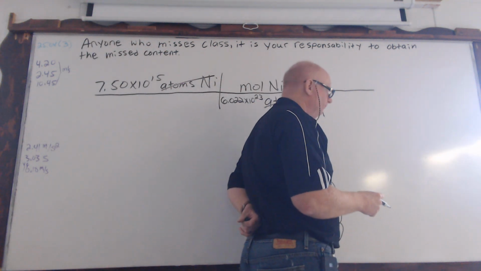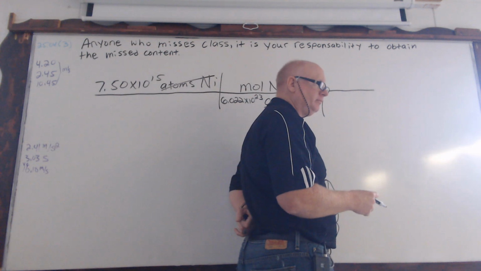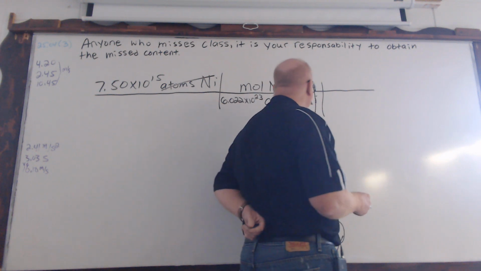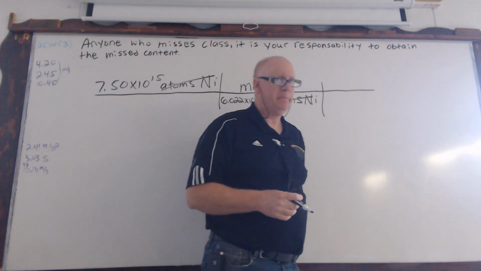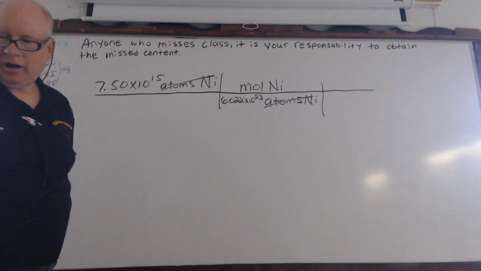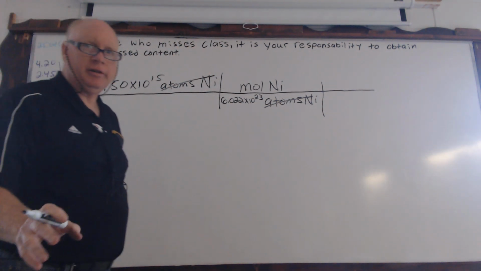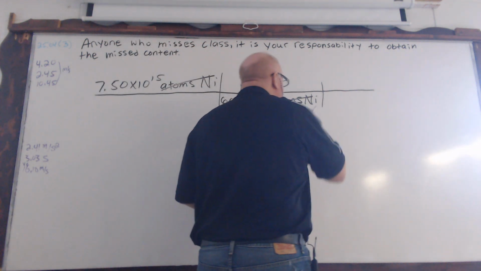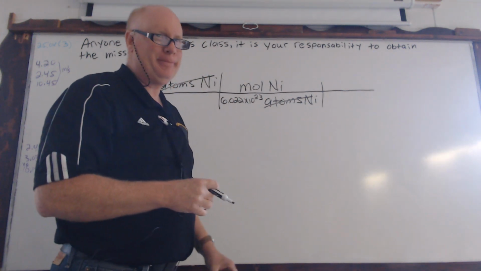Would you do the same thing we did in the last problem? Divide by 58.69? We want to know how many grams of nickel are in here. So do we divide or do we multiply? Multiply. You multiply, grams to the moles.